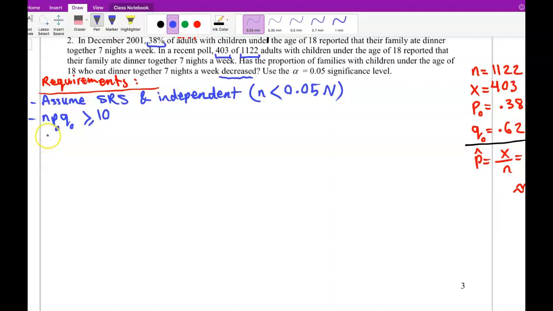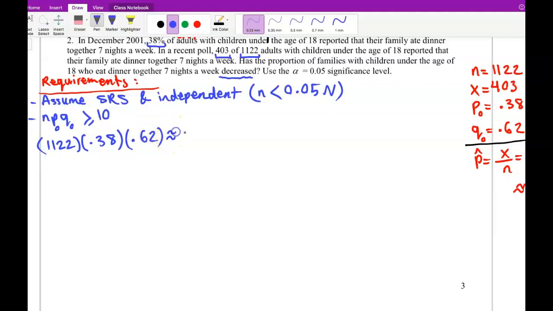Back to here. So n is 1122, p0 is 0.38, 38%, q is 62%.